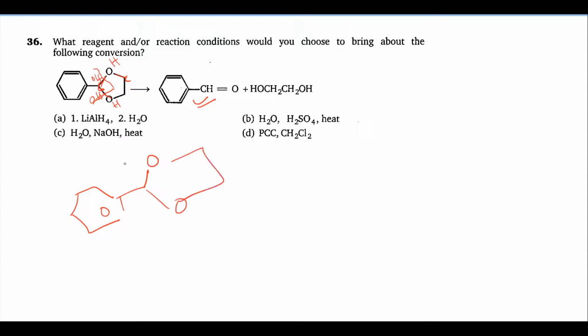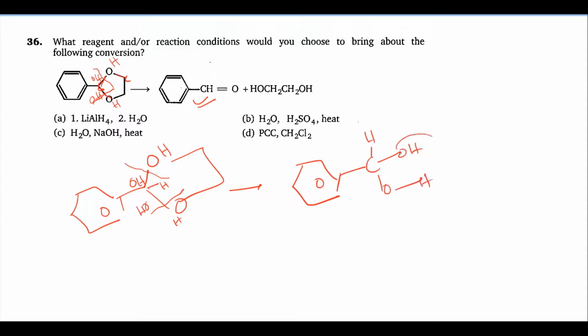Okay. Bond breaking, H is added, hydrogen is there. OH is added. Bond breaking, H is added, OH is added. Then you are going to get, okay, this is CH, OH, and OH. What is the part that is eliminating?